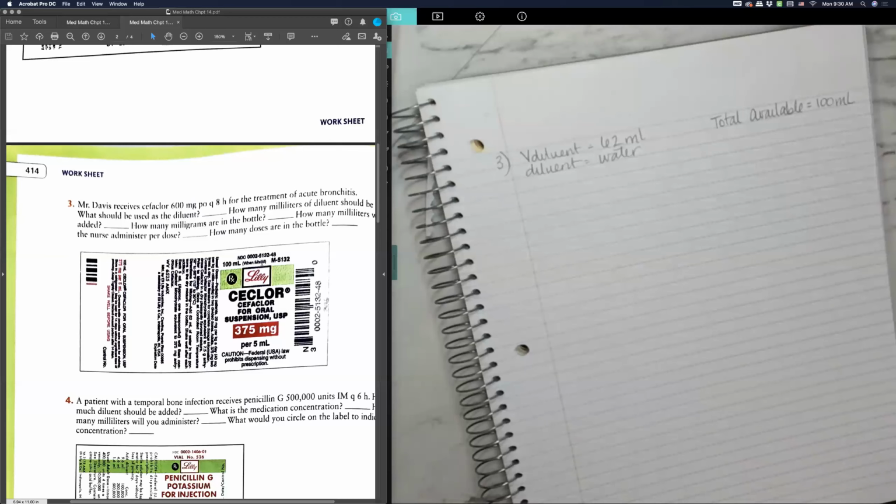They're giving you some clue words. They're telling you when it's mixed, when you've reconstituted this medication, then you will have available 100 milliliters of medication to administer to your patient, right? Yes, that's when it's mixed already.